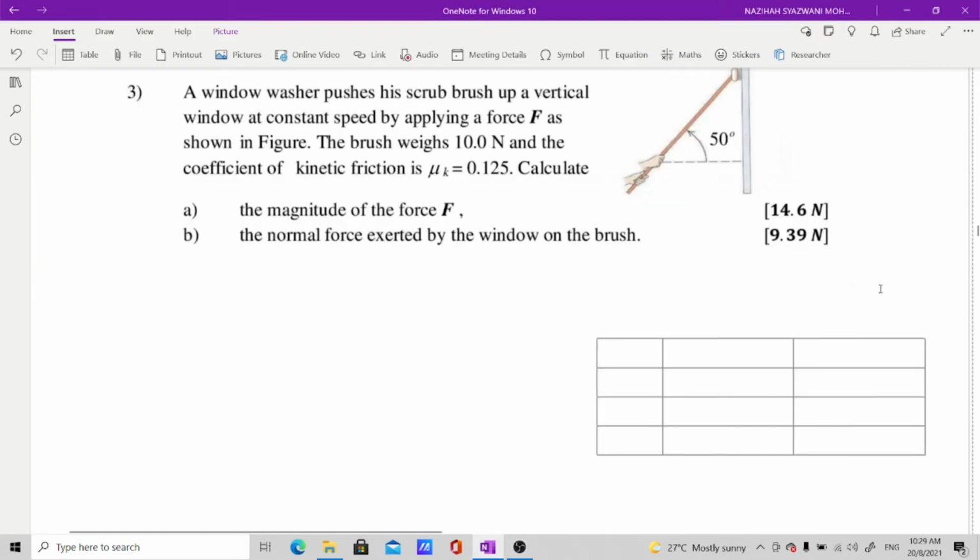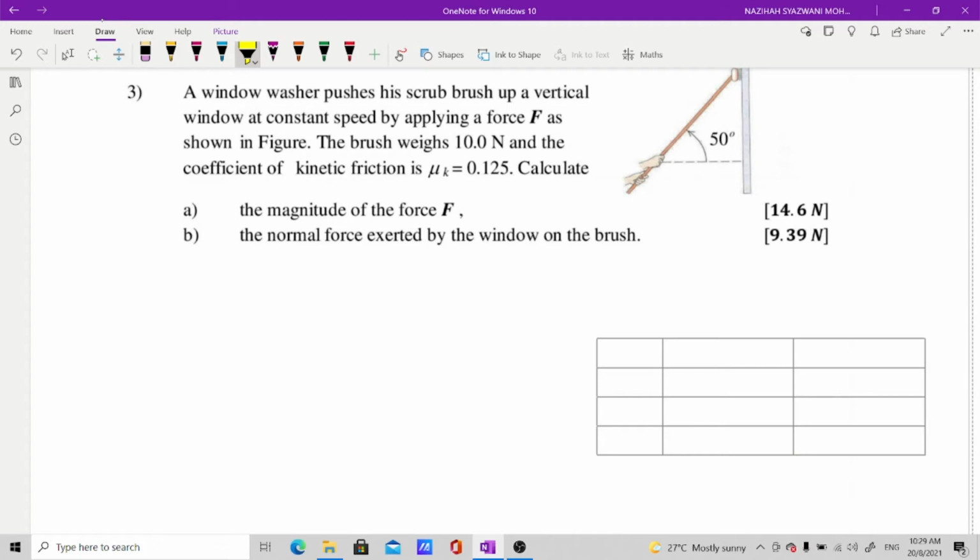Okay, class, for question number 3, we have here a window washer pushes his scrub brush up a vertical window at a constant speed by applying a force as shown in the figure. The brush weighs 10 Newton and the coefficient of friction is 0.125.